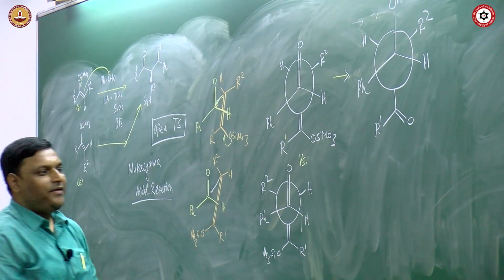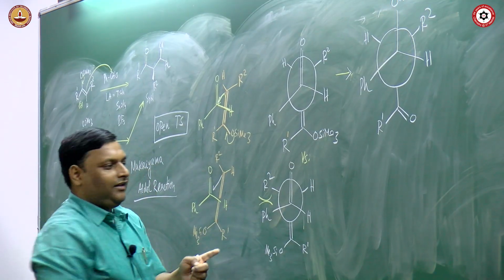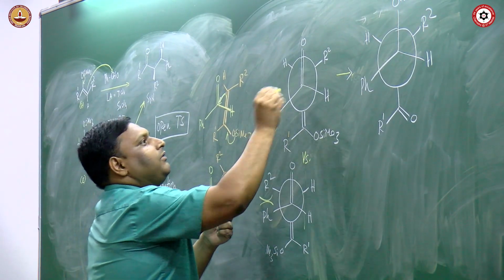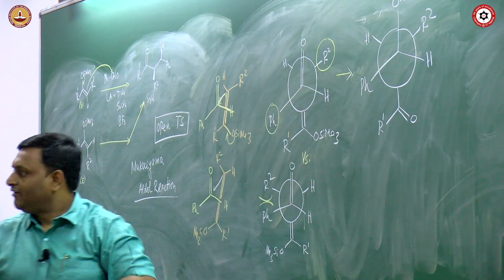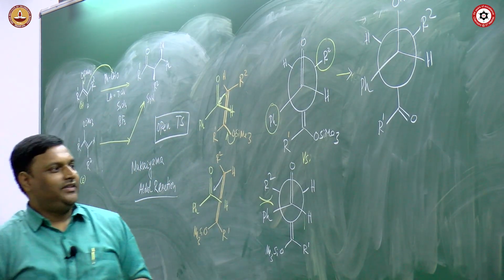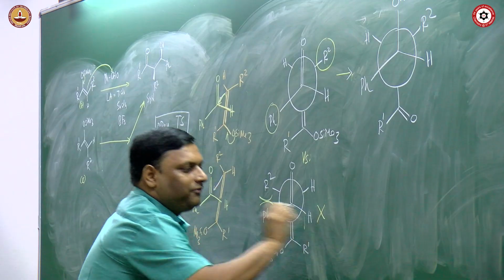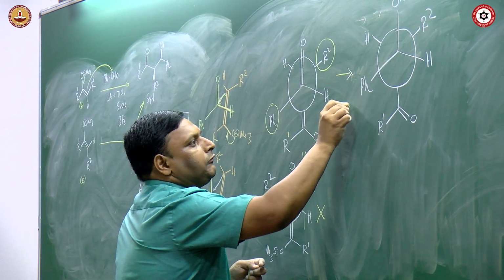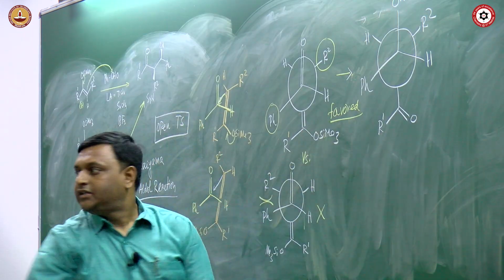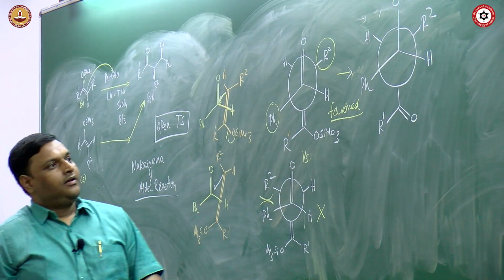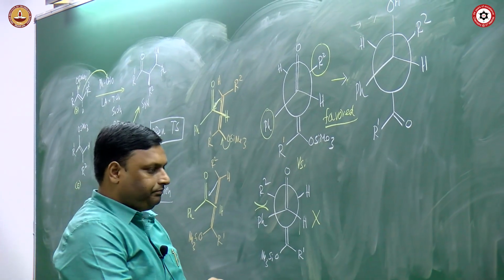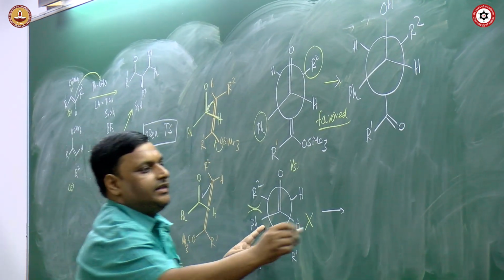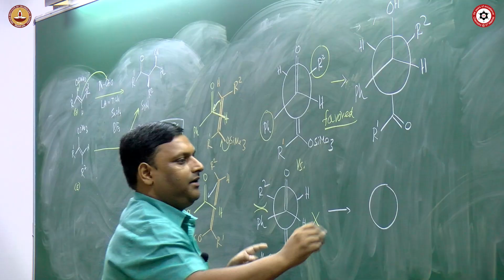The first one is very obviously not favored, because you are putting a lot of steric hindrance between these two. In this case the two bulky groups are far away from each other. So this will be the favored process. Now if that is the case, let's go in parallel to see how it is exactly happening.